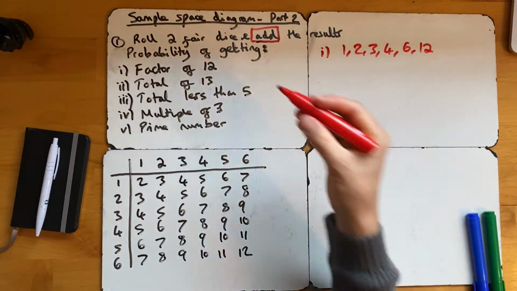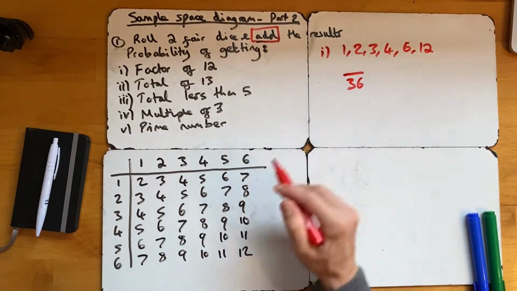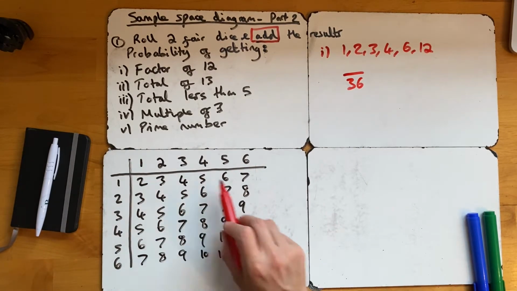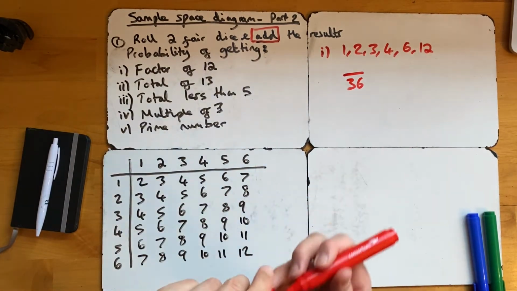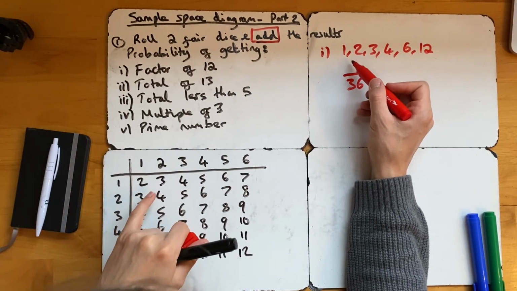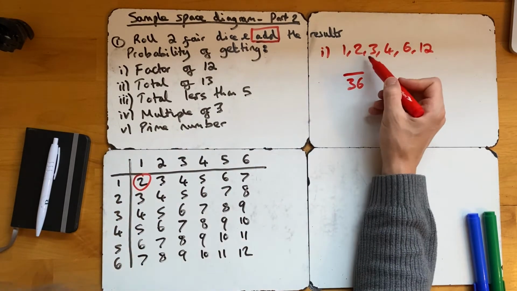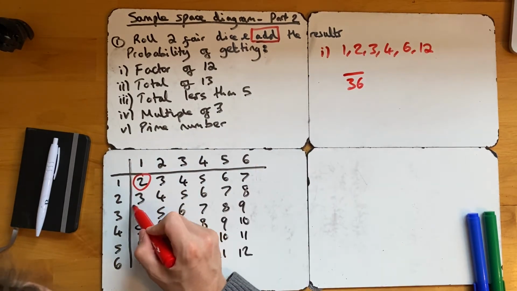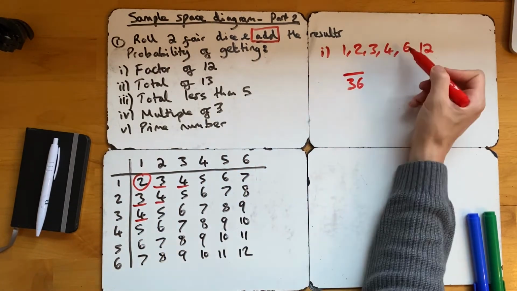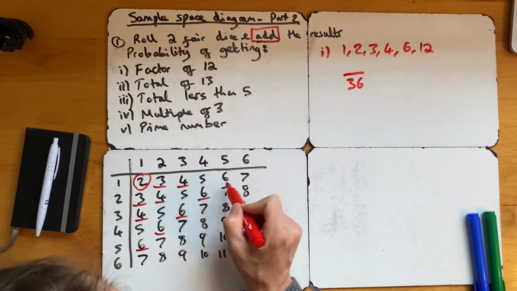Now, we know with the probability, it's going to be out of 36 because it's 6 times 6, or you could count all these, there's 36 options, and a factor of 12. Okay, 1 doesn't exist. 2, you have one of the 2s here. 3, yep, 2 of the 3s here. 4, yeah, these ones here. 6, okay, so you've got 1, 2, 3, 4, 5.